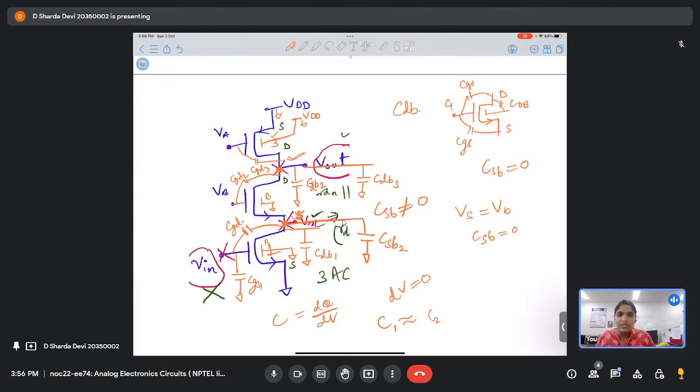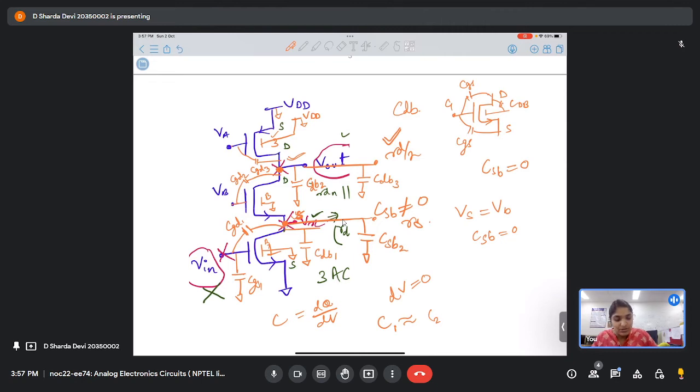So the major thing playing a role is the resistances, right? And these resistances had quite a large difference. At this node we were getting RD by 2, whereas at this node we are getting RS. So this RD by 2 is much higher compared to RS.